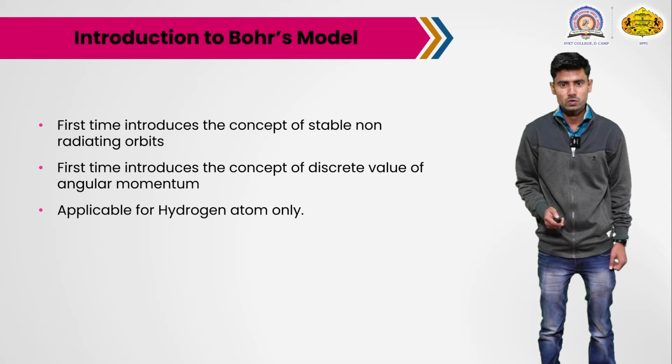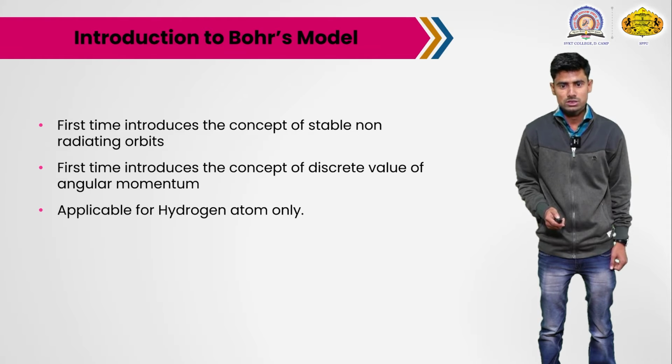So let me introduce you to Bohr's model. Bohr's model for the first time introduces the concept of stable non-radiating orbits. No other model had proposed this concept. Bohr proposed that electrons revolve in stable orbits which are non-radiating in nature.